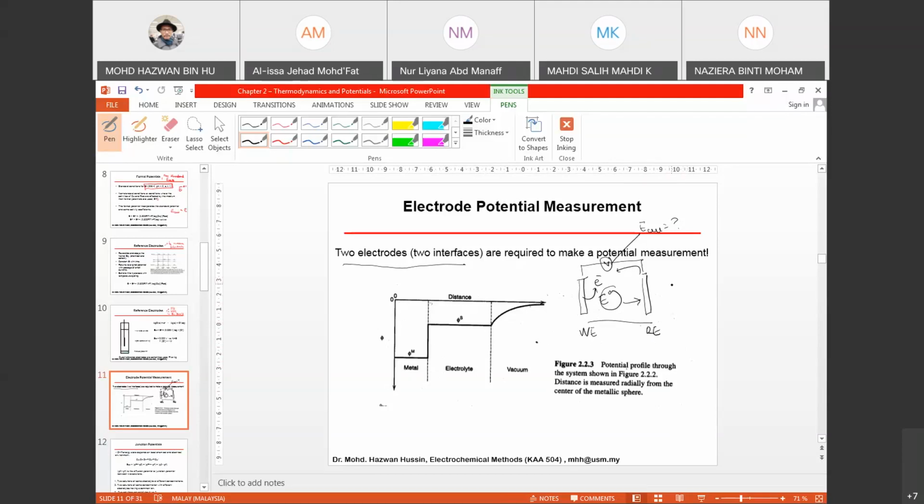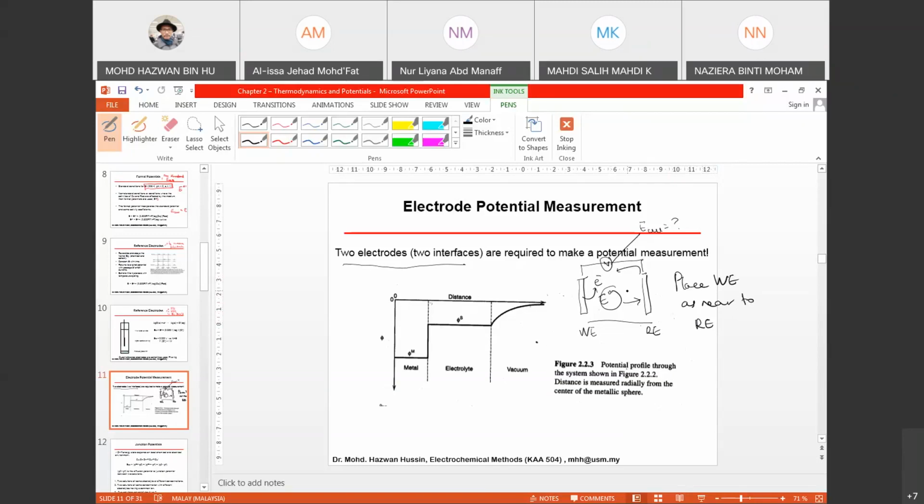To have very good potential values in any electrochemical measurement, it is best to place the working electrode as near to the reference electrode as possible.